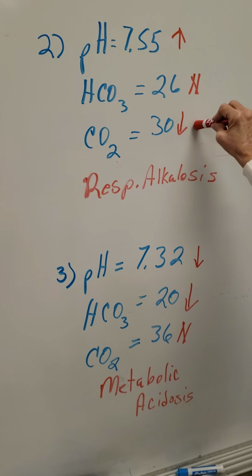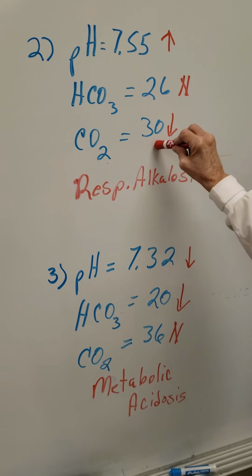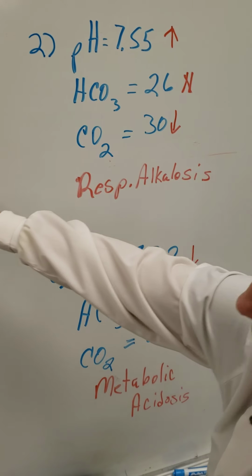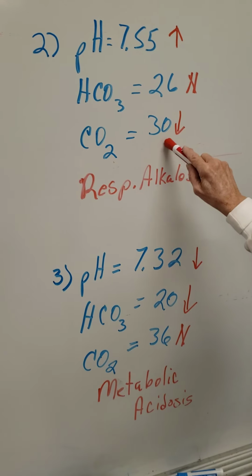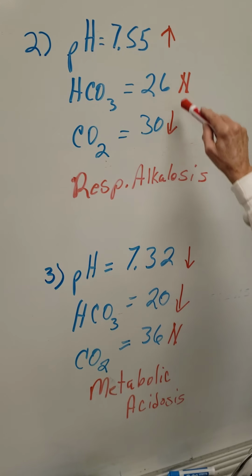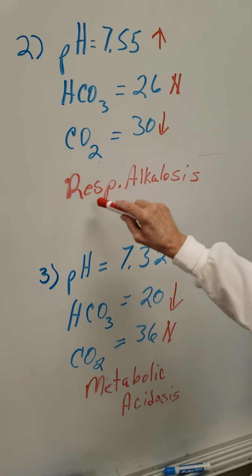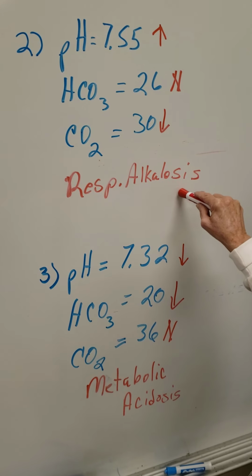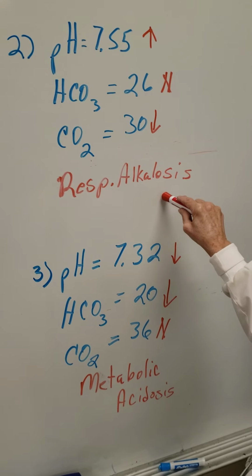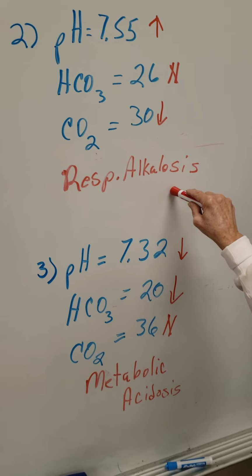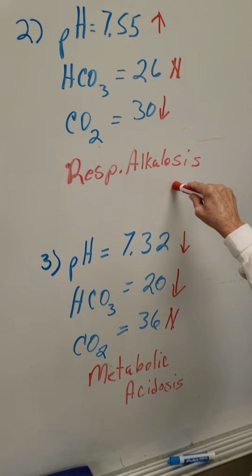Our CO2 level is low. It's below 35 to 45. So now our arrows are going opposite, right? Respiratory opposite, so it's respiratory alkalosis. That's an example of respiratory acidosis and an example of respiratory alkalosis.